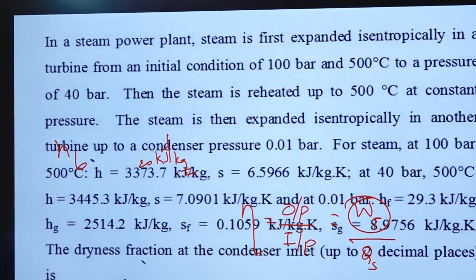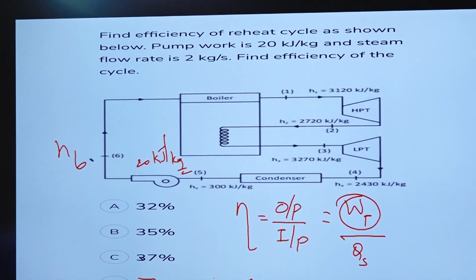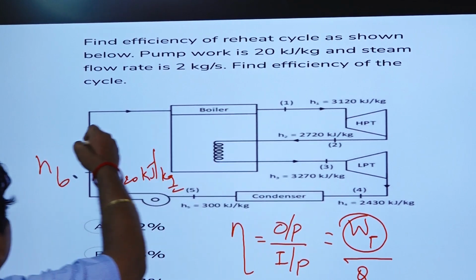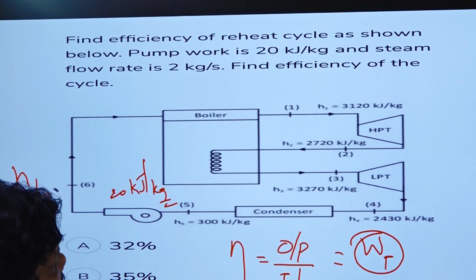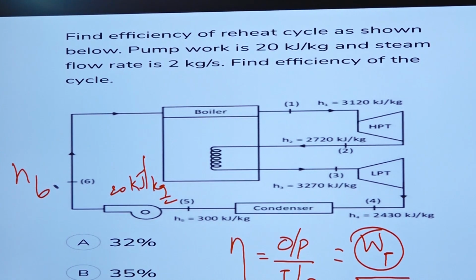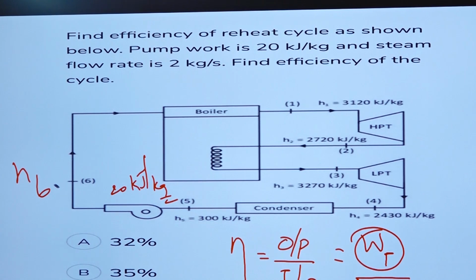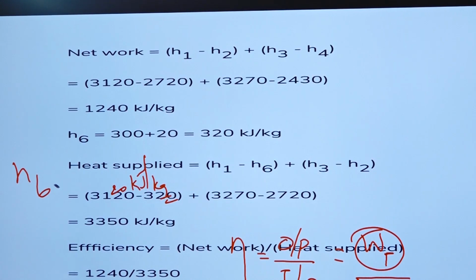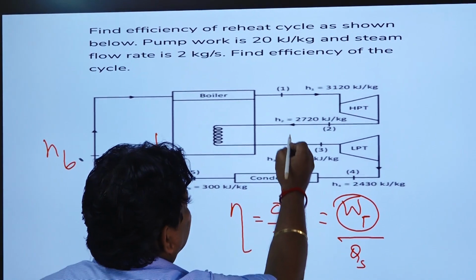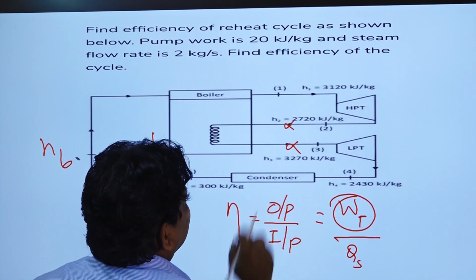Now we need the amount of heat energy that is supplied. That is H1 minus H6, plus the reheat energy, H3 minus H4, am I right? Not H4, it is H3 minus H2.